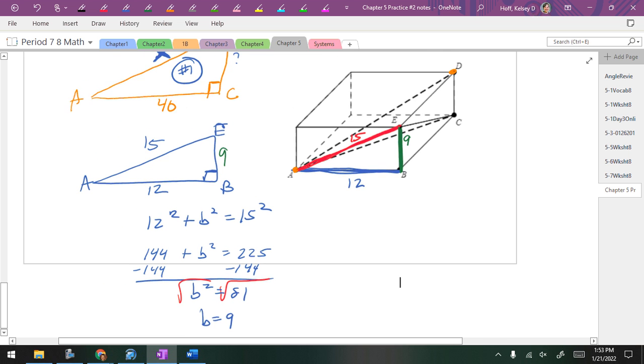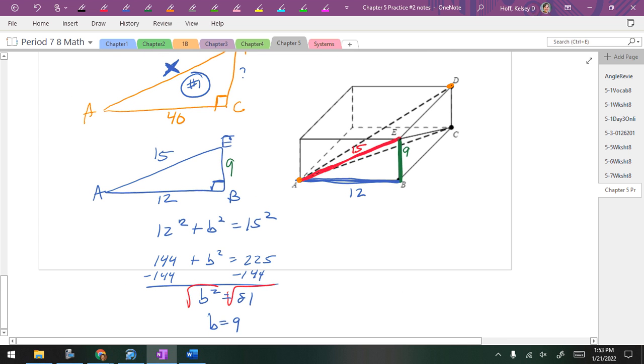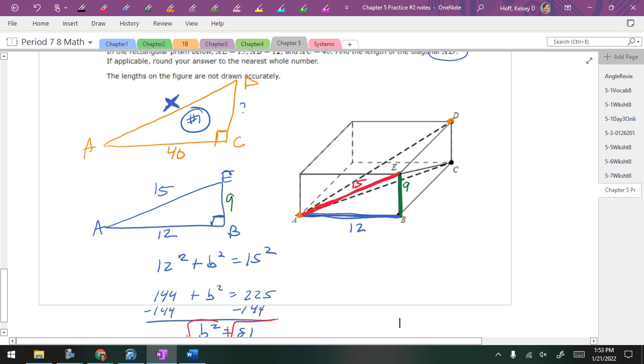Okay, Ms. Hoff, you basically lied to us. You said usually when you take the triangle that they give you two sides, when you find that third side, it helps you with the triangle that you need. Well, EB being 9 didn't help my triangle up above where the question mark is. Or did it? It gave you D and C. How do you know?